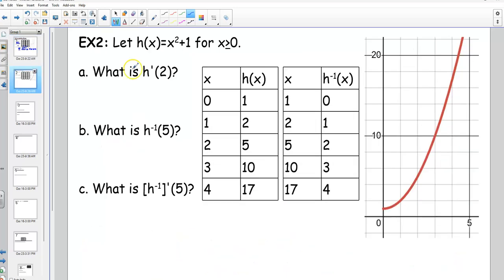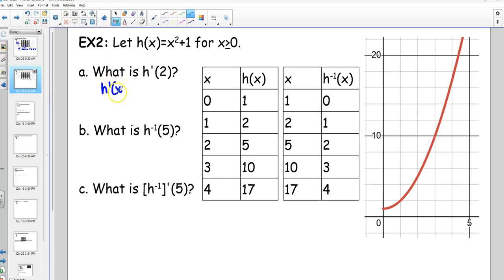Okay? So we fixed this one here, so it should say h inverse of 5 now. So h is x squared plus 1. It's graphed here for you. We got our tables. I think I did do the tables correctly on this one. So it asks us for h prime of 2. That's a pretty simple derivative.